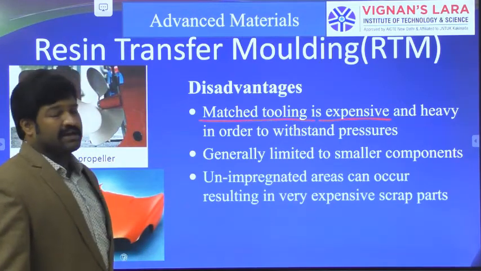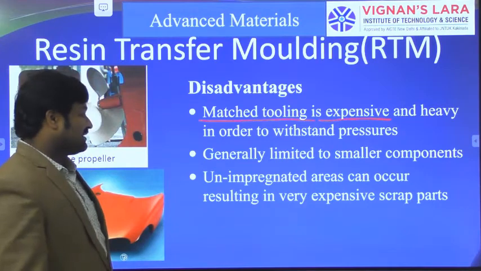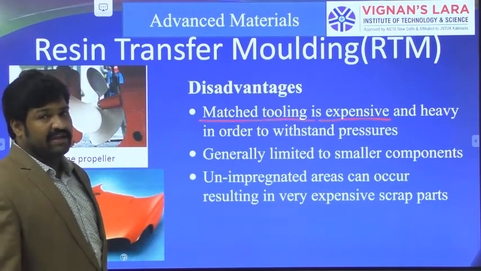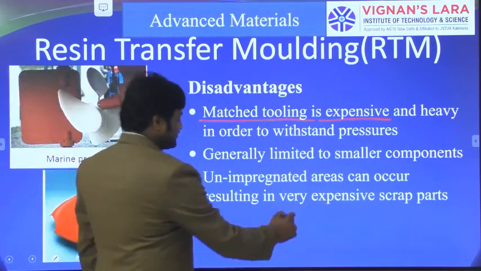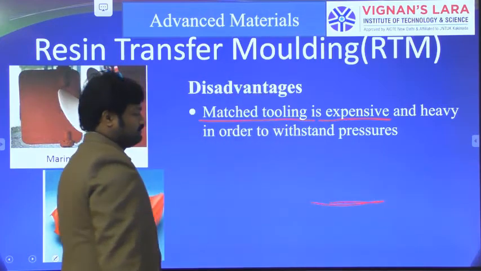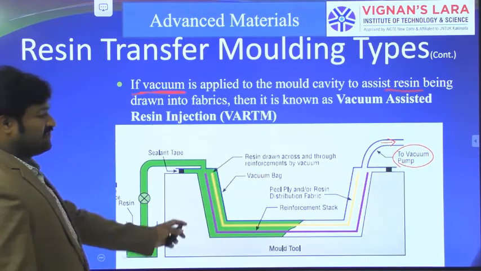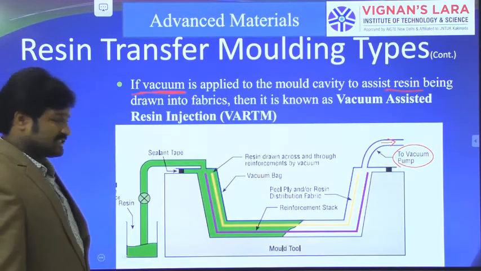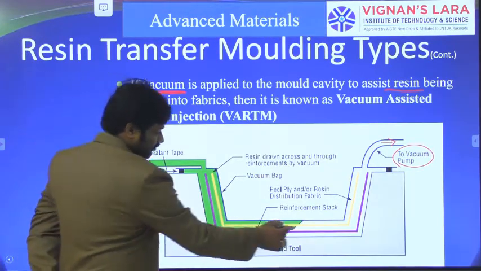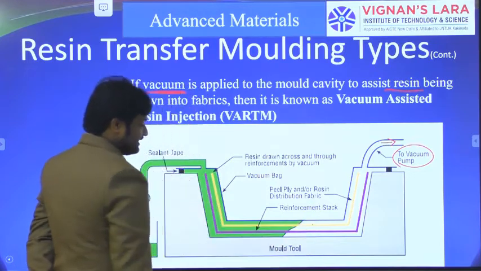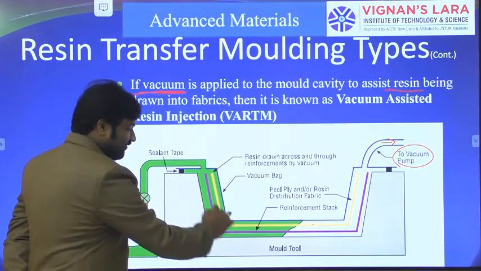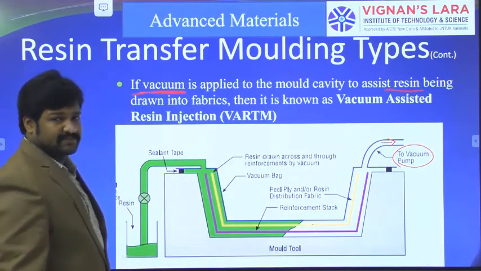Next, unimpregnated areas can occur, resulting in very expensive scrap parts. So if this is our component cross section, initially we place reinforcement materials. After that we are passing our resin material, it means matrix material.